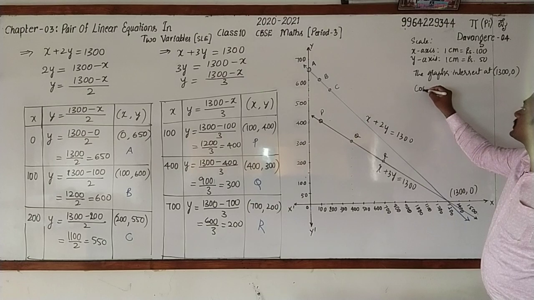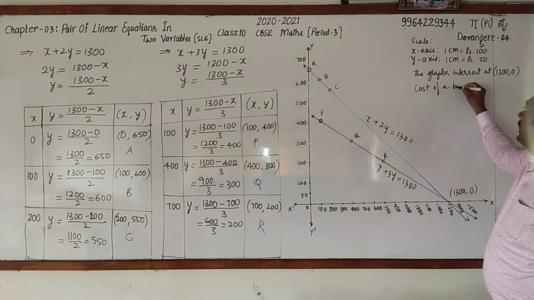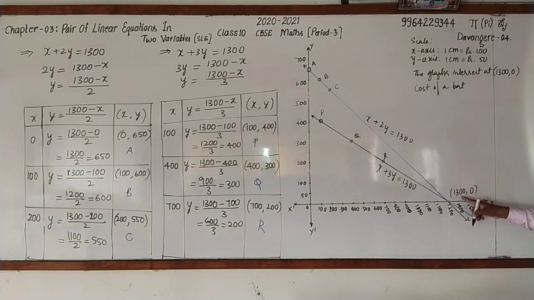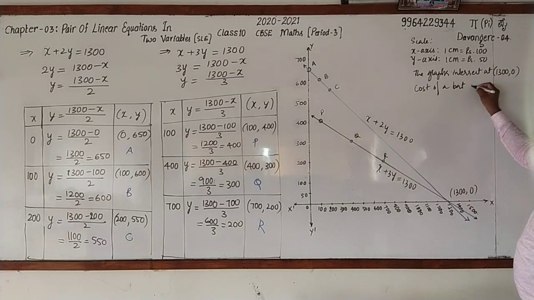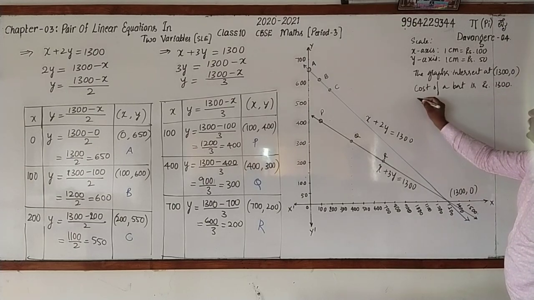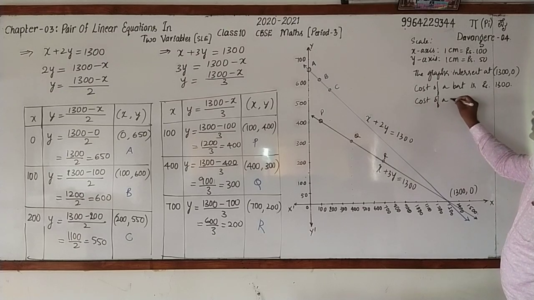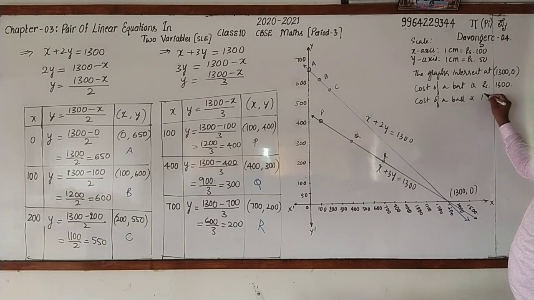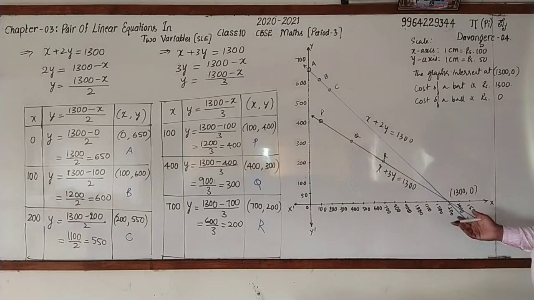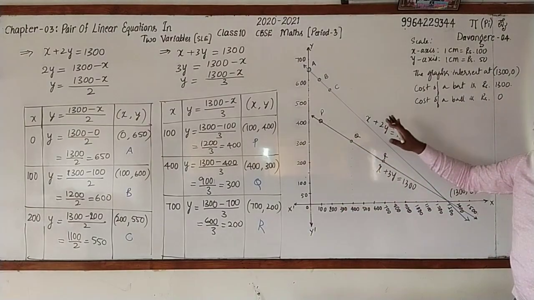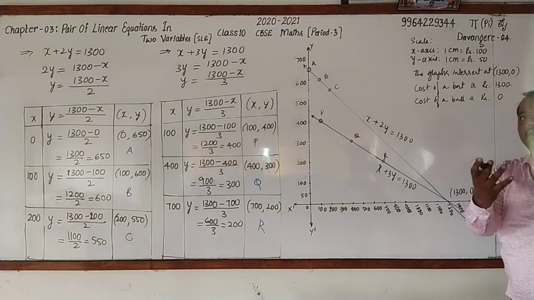Then the cost of a bat, it is x. How much? 1300 rupees. And the cost of a ball is rupees 0. Clear? Yes. Now you are going to draw this graph on the graph sheet.